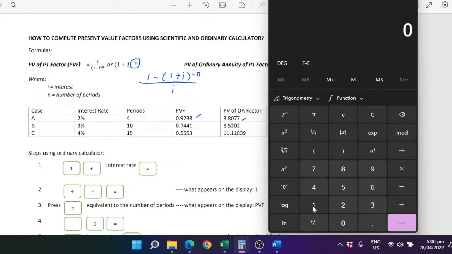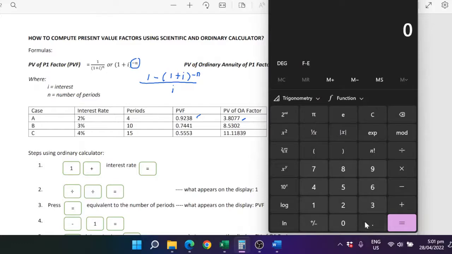We have 1 plus 0.02 to the power of negative 4, equals 0.9238, minus 1, divided by 0.02, equals.